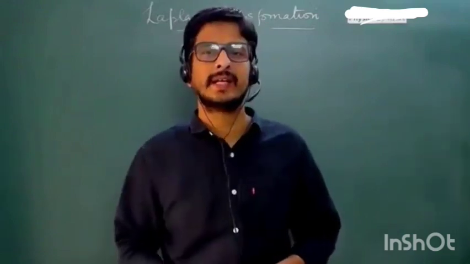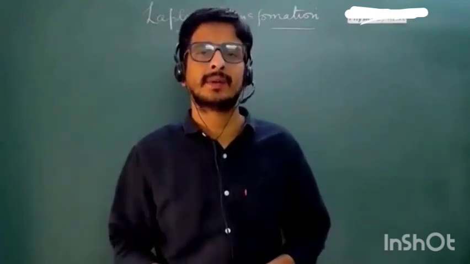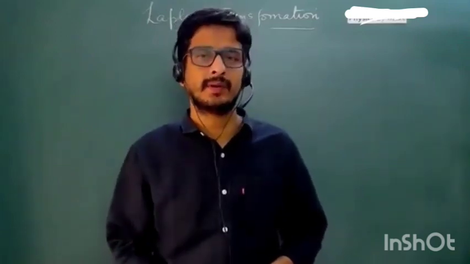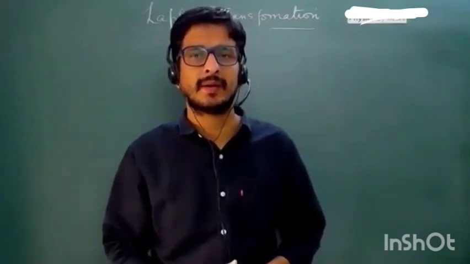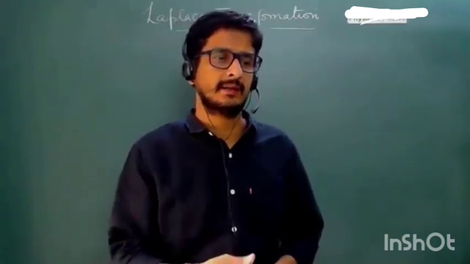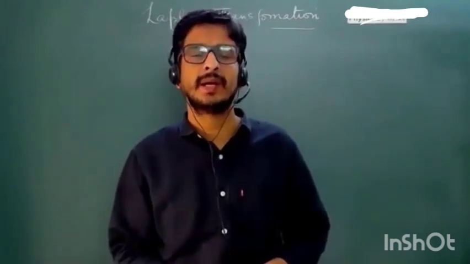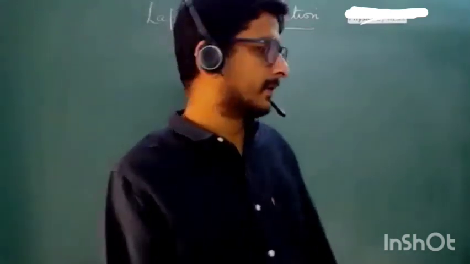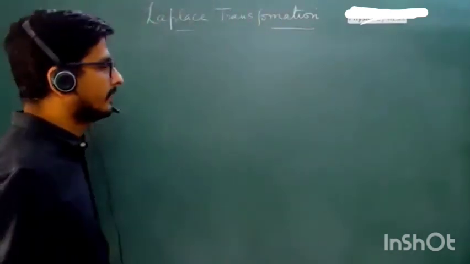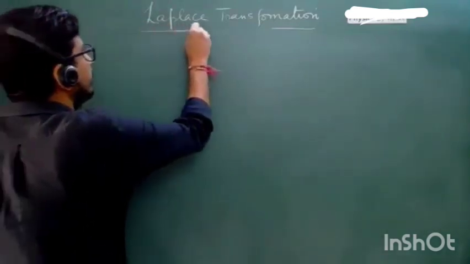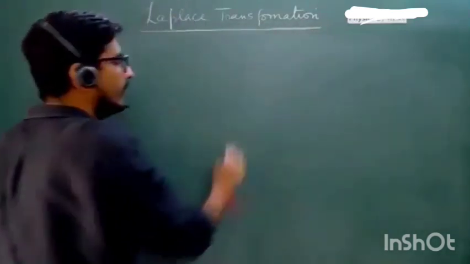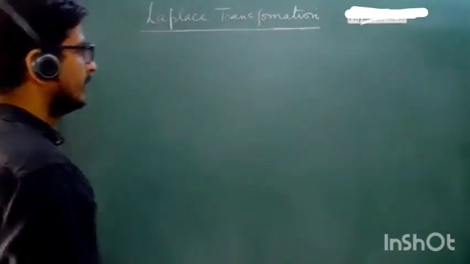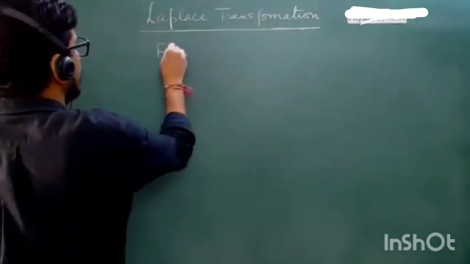Then cos at is s upon s square plus a square. Then t to the power n is n factorial upon s to the power n plus 1, and then unit step function u(t minus a) is e to the power minus as by s. So this much you should remember, then only you can solve quickly. And this was the basic formula. If you don't know anything, you should know the basic integral formula.